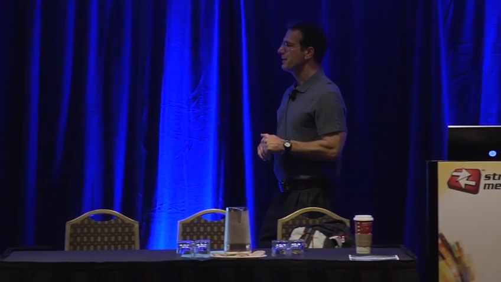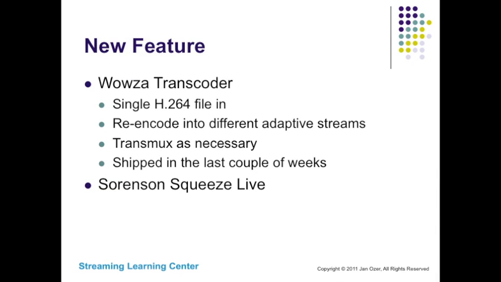The other thing that's common, and this is a new feature of the Wowza encoder, it's also available in a technology called Sorensen Squeeze Live. What Wowza can do now at the server is take a single H.264 file in, and then they can not only transmux it, but they can re-encode it. So the benefit is, we're here in a hotel. This is a great discussion. We want to broadcast it to the world.